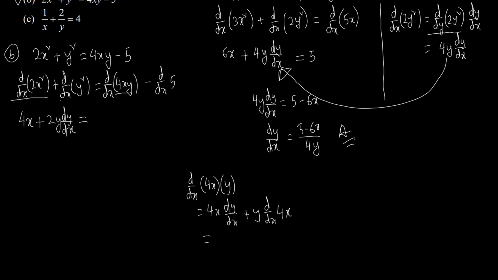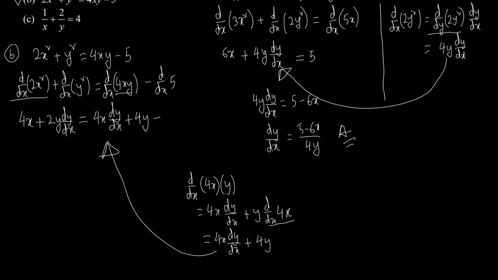So we get 4x dy by dx plus 4y, because it gives us 4. I'm going to write it here: 4x dy by dx plus 4y, and minus the differentiation of the constant 5, which is 0.